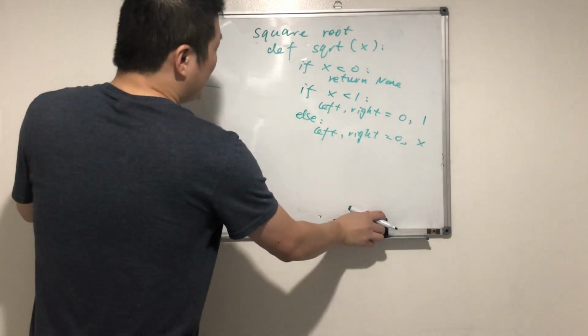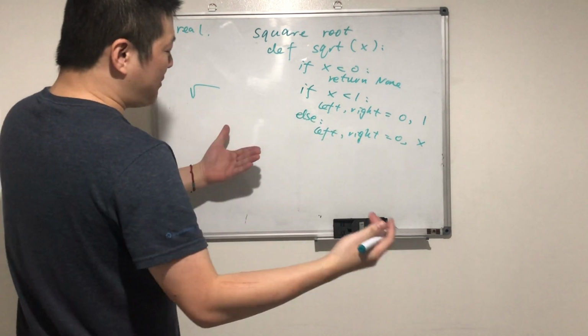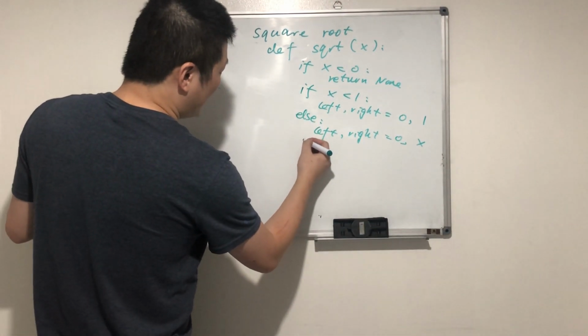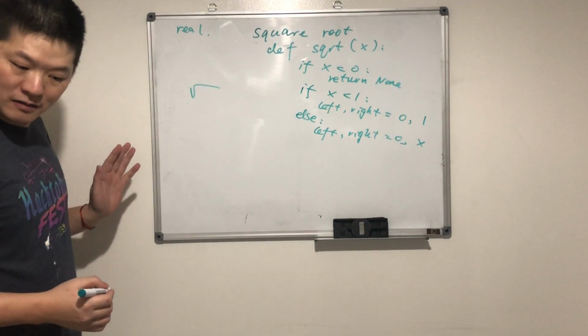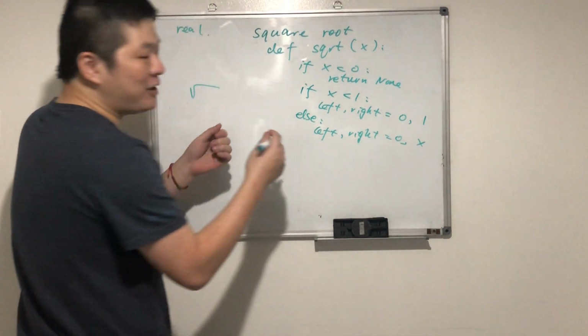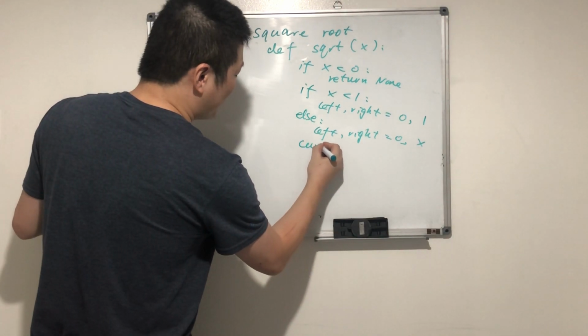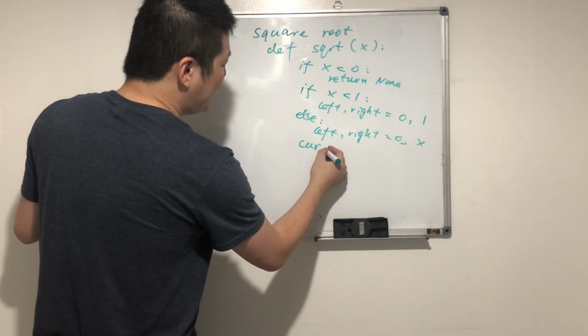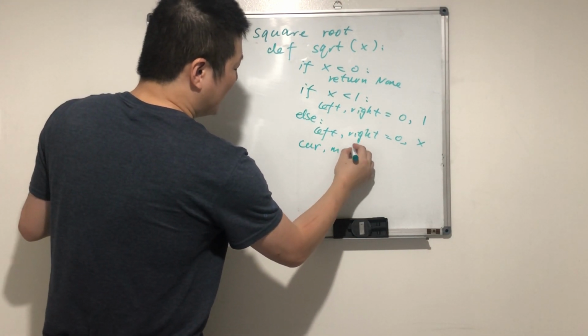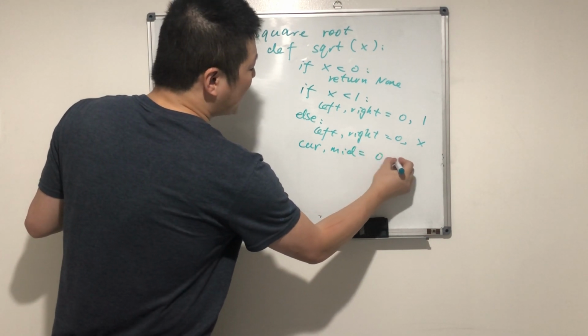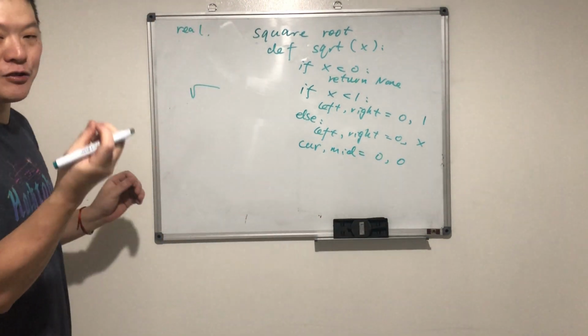Now we set it up, then we need to have this middle value. Let's have a current value and a middle value, and set them both to 0 at the beginning, because mid is the initial value.